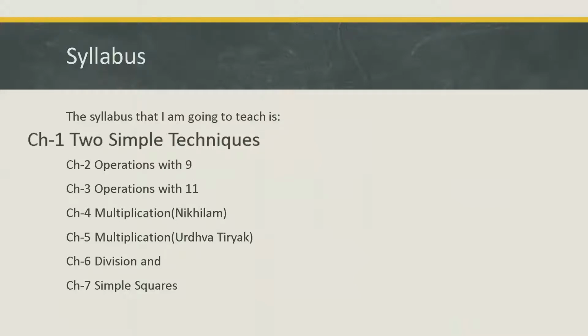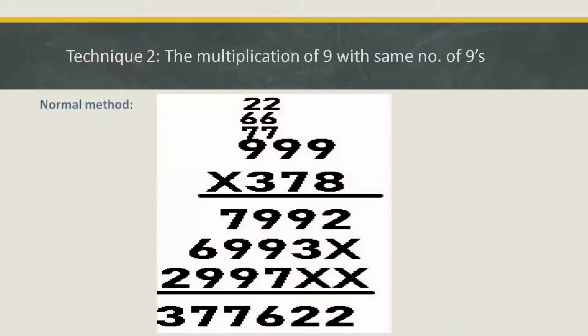thus completing the chapter. So this technique 2 is the multiplication of a 3-digit number with the same number of nines. Over here, this is how we normally multiply 999 into a 3-digit number.